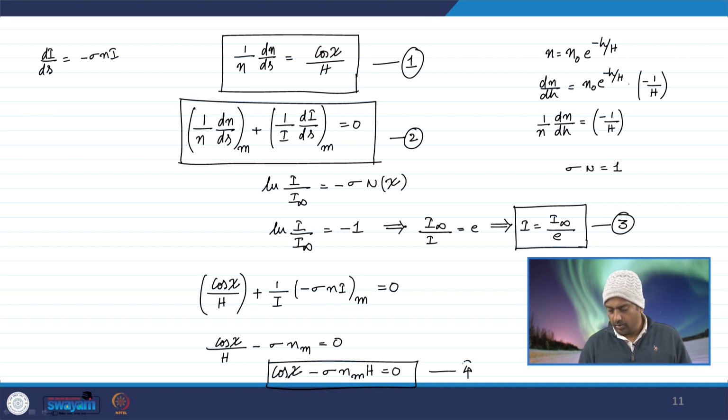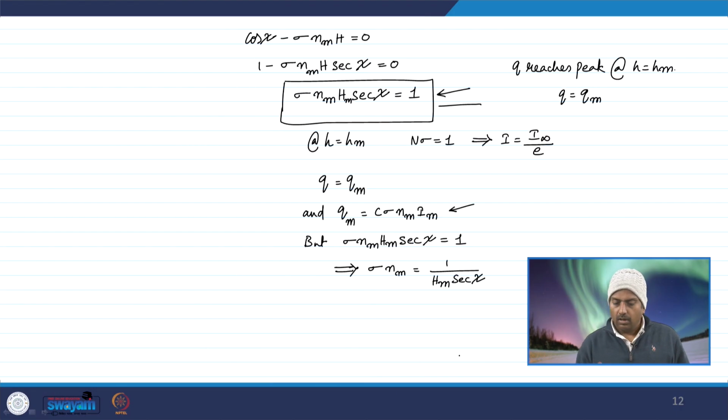This is equation number 4 and this is equation number 5. But we have an expression for some of the variables which appear in this expression. We call it 6. But some of the variables in equation number 6 seem to obey equation number 5. From that, I deduce sigma Nm is equal to 1 by capital Hm secant chi.